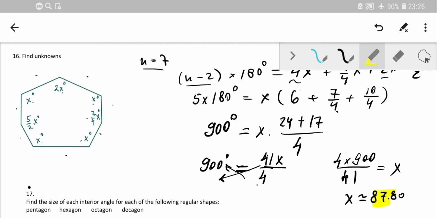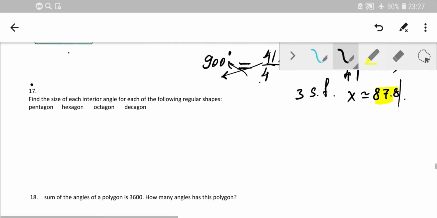You take the 3 digits starting from the first one, and after the third digit you put the cut line, and because the next digit is 0, you just simply cancel and erase it. This is the answer to 3 significant figures. All right, that's sort of extra.